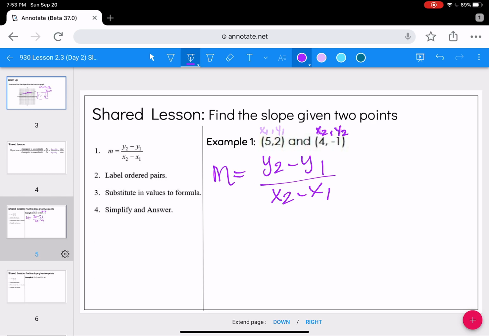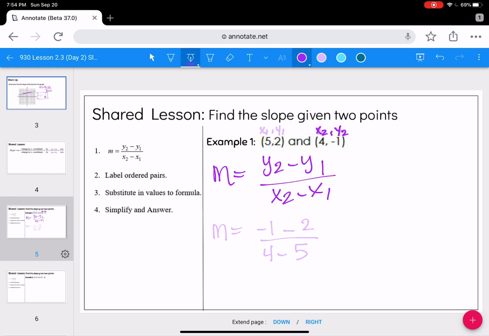So for my y2 value, I have m is equal to y2 here is -1 minus my y1 value, which is 2, over x2, which is 4, minus x1, which is 5.